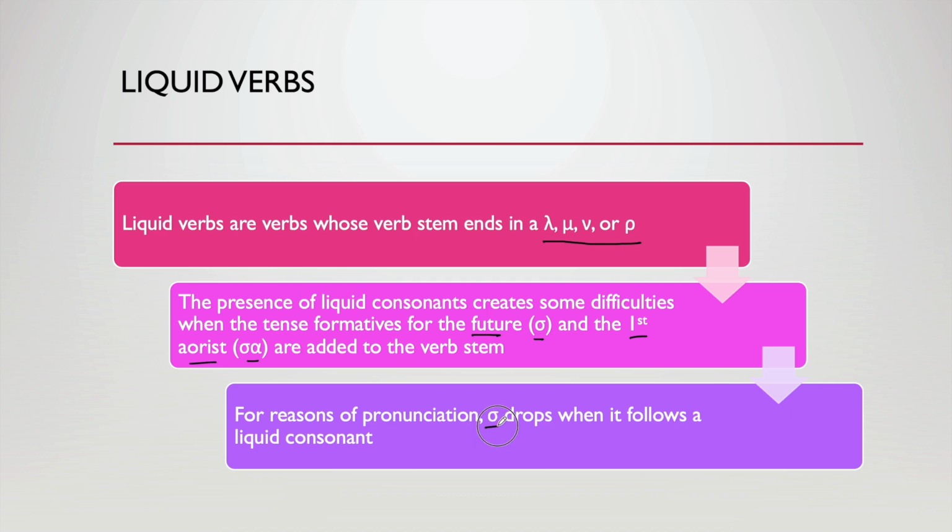Oftentimes the sigma drops out when it follows a liquid consonant, but it's a little more complicated than that, so that's why we need to have a full chapter in the book and a full lecture on this.